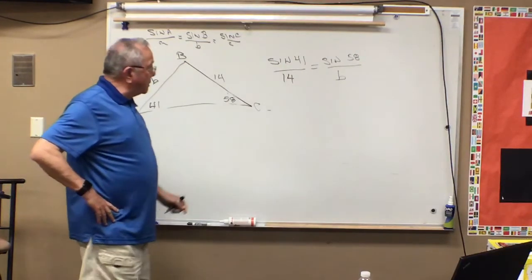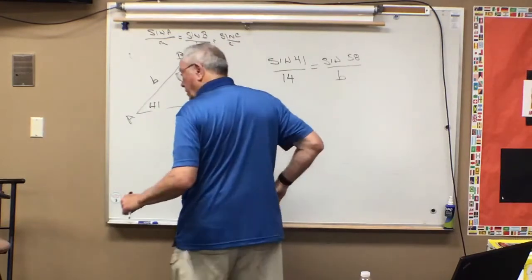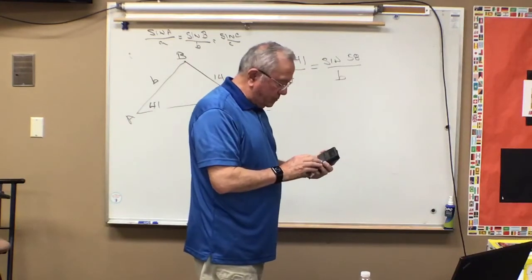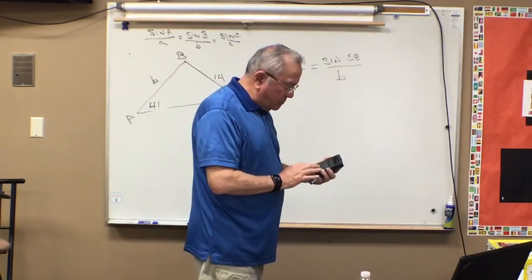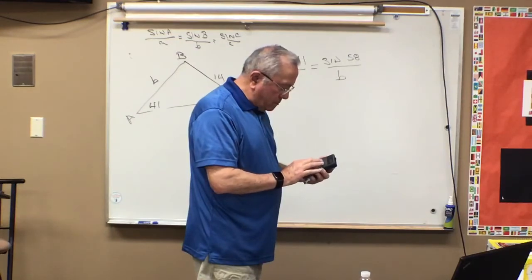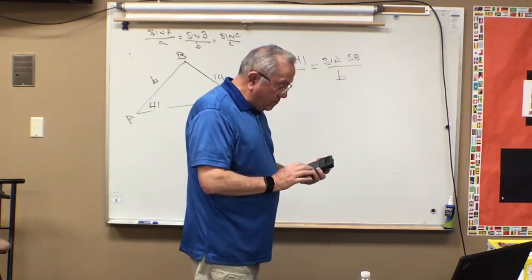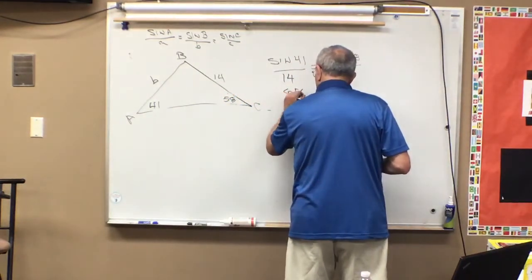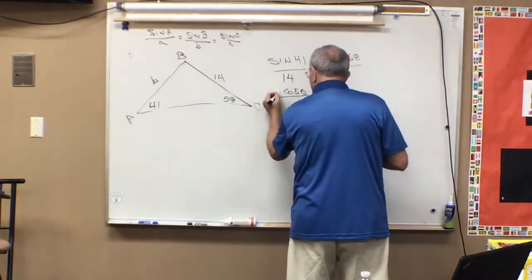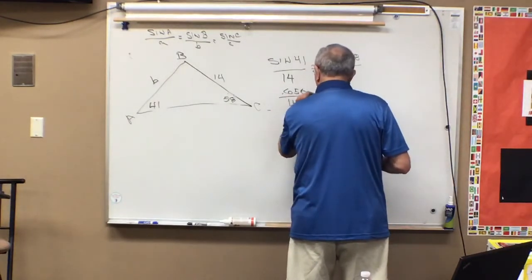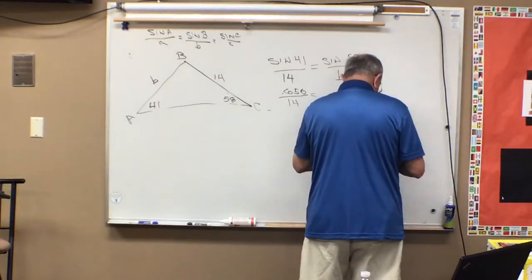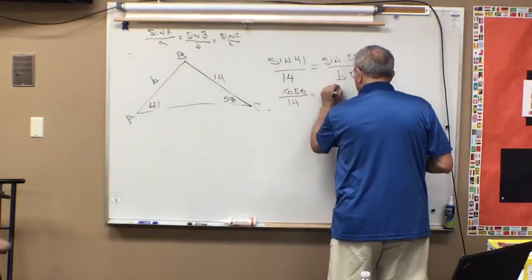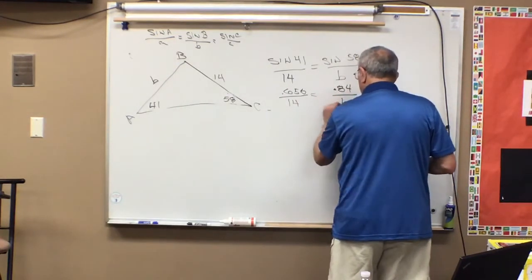So again, it's going to be the sine of 41, so I need to get my calculator out again. So the sine of 41 is .656, over 14, and the sine of 58 is 0.84, over b.